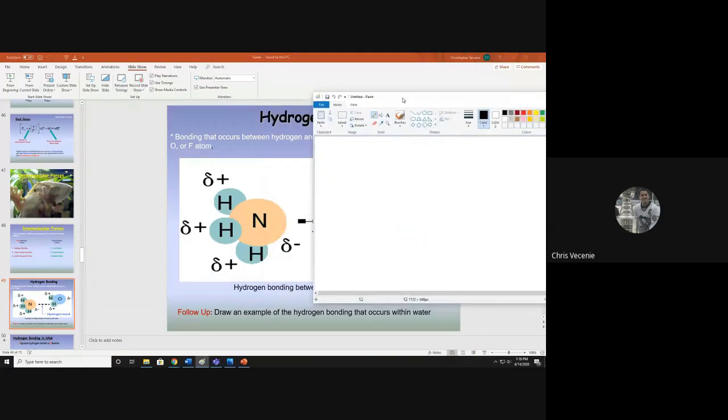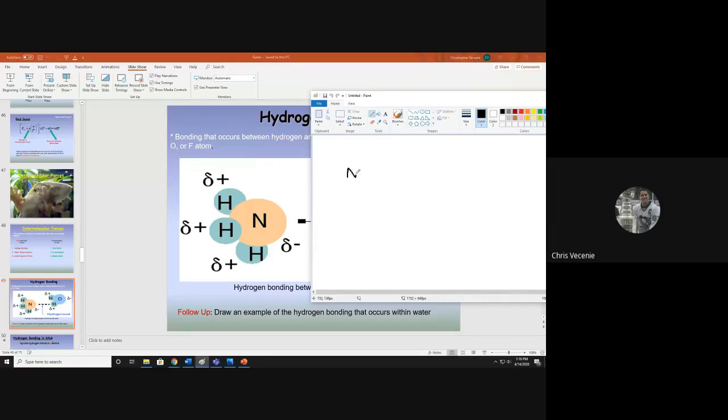So if I drew you guys the ammonia molecule, it would look like this. You have an N with a single bond to the H, a single bond to the H, single bond to the H. It has an unshared pair of electrons there.